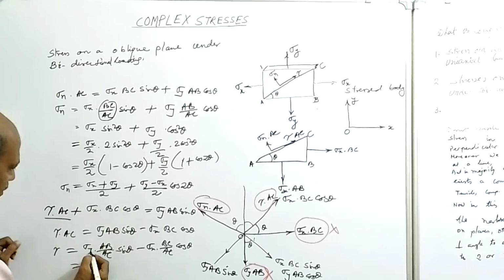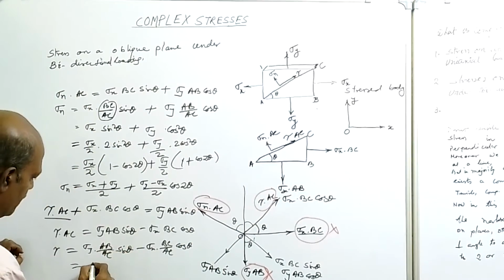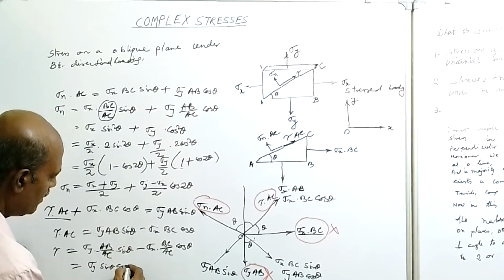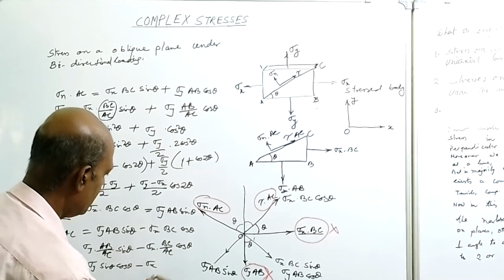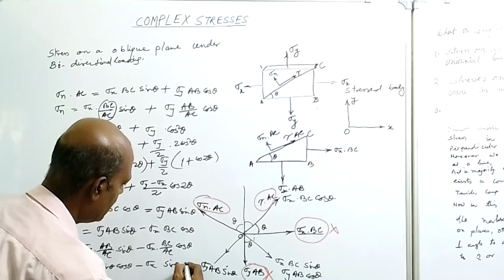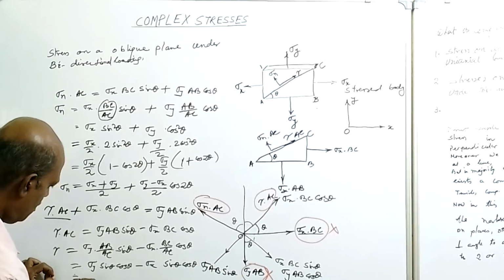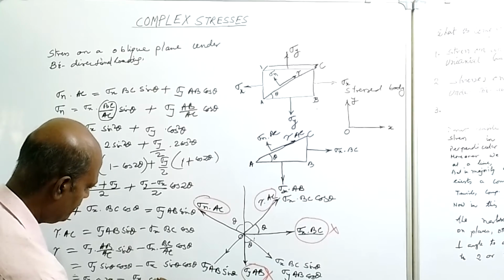Or you can write sigma y AB by AC, that is cos theta, into sin theta, or we can write sigma y sin theta cos theta minus sigma x BC by AC, that is sin theta, so sin theta cos theta. So we have got this, so we can write sigma y by 2 sin 2 theta minus sigma x by 2 sin 2 theta.